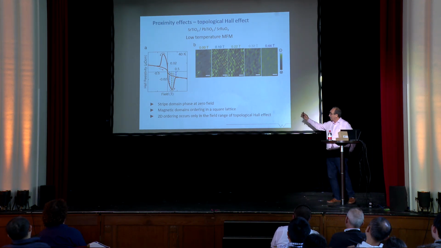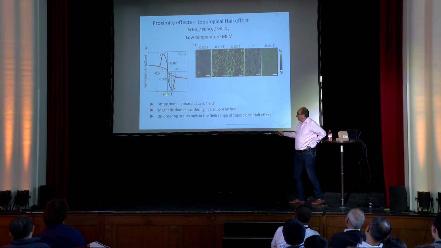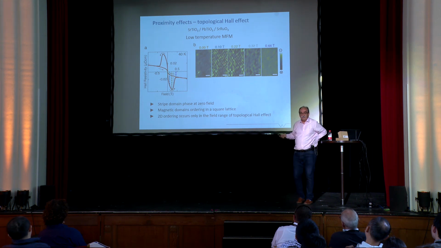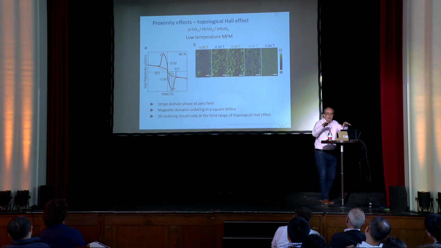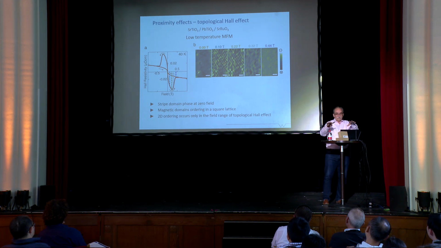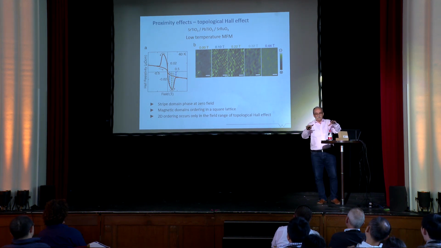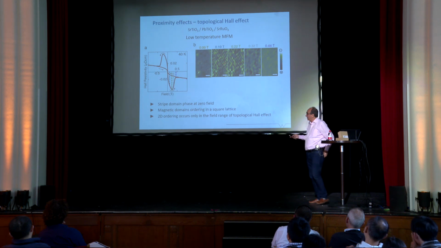Actually, the talk could stop here, showing you the results. We measured the topological Hall effect, and then we measured the MFM, not at the same time, but on the same sample under similar conditions.